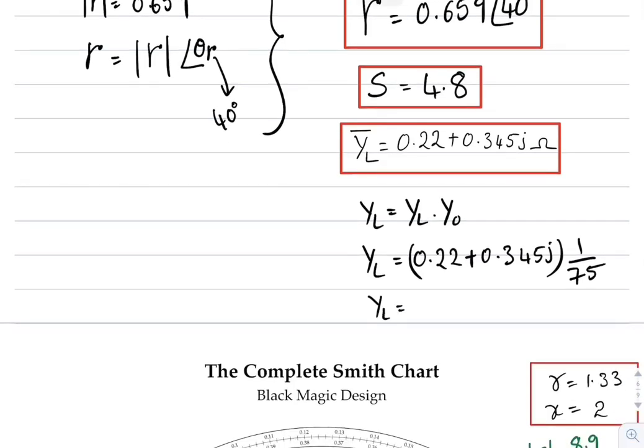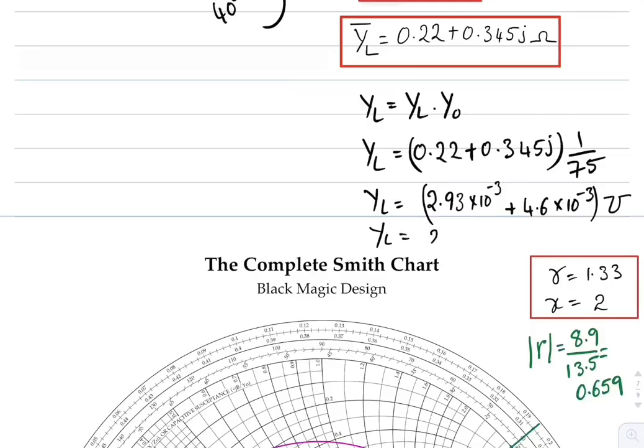Therefore YL equal to 2.93 into 10 power minus 3 plus j4.6 into 10 power minus 3, units are mhos. YL equal to 2.93 plus j4.6 millimhos.